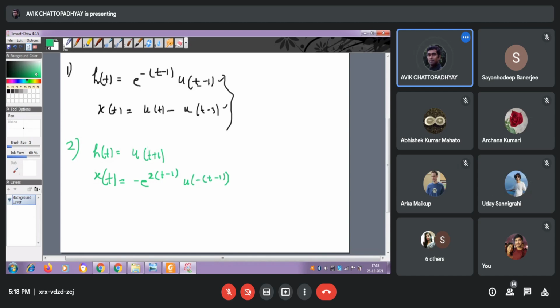Okay, so again, impulse response for the system and given input signal are this, so again you have to find out y(t), the output, using the graphical method, of course.